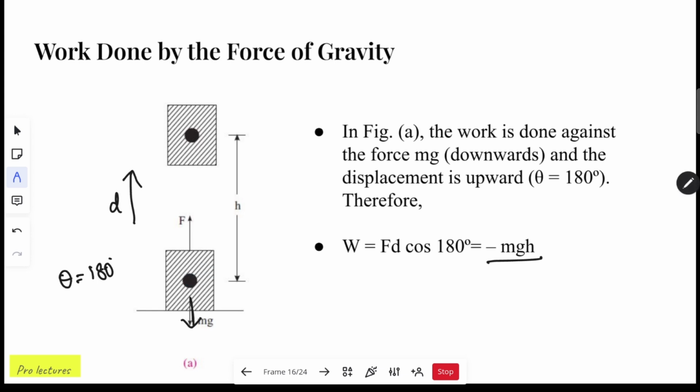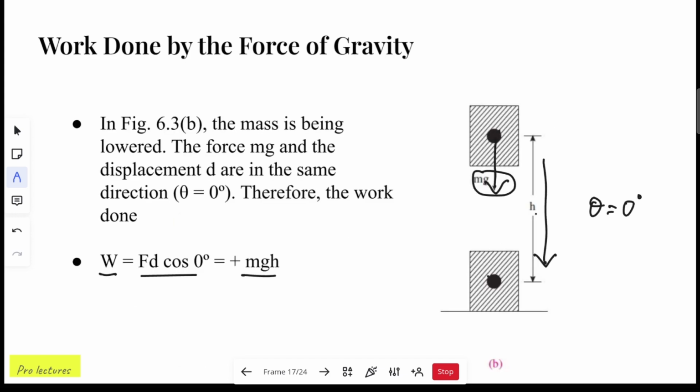If this object is being lifted and we are speaking about the force due to lifting, then the direction of force will be this and that, it will be positive. But the object being lifted and we are speaking about the gravitational force, then the work is negative. So you need to see which force we are speaking about.